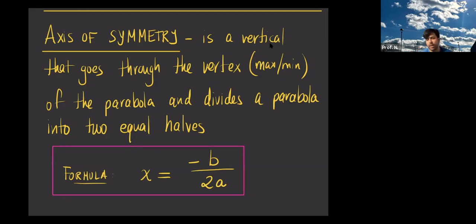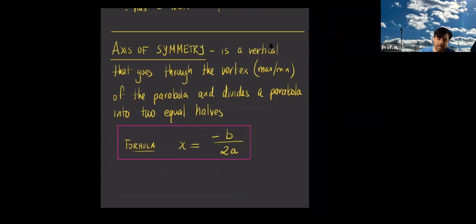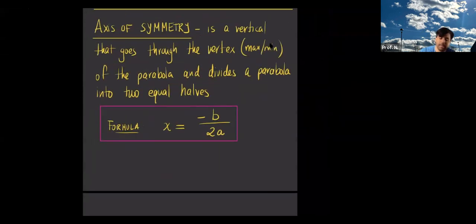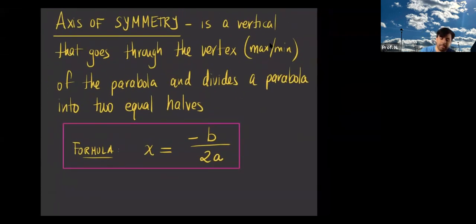We also have negative B, right? And over 2A. It's just that we had that whole plus or minus square root stuff. But if you look at the first portion of the quadratic formula, it's actually the axis of symmetry. And the axis of symmetry is very useful, especially when we talk about the graph.